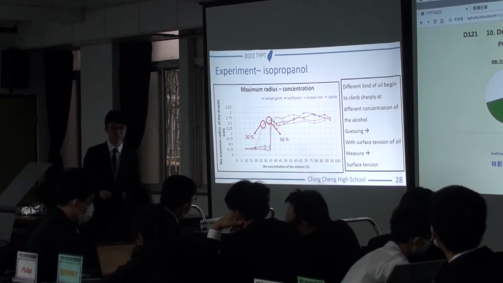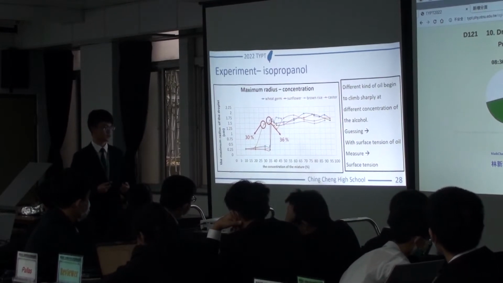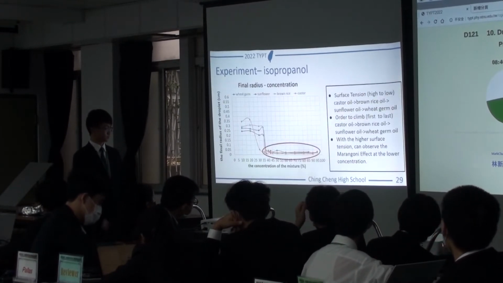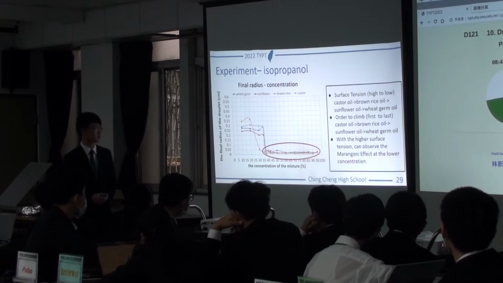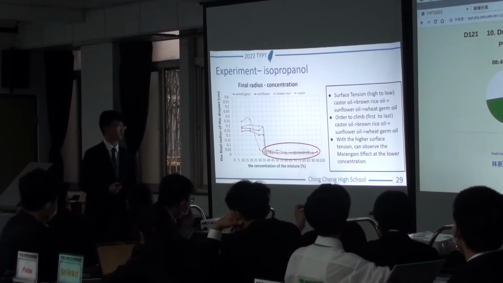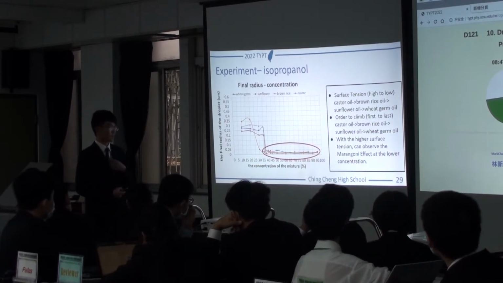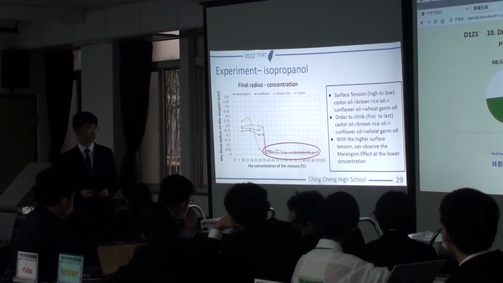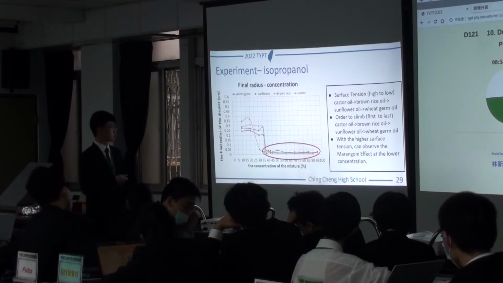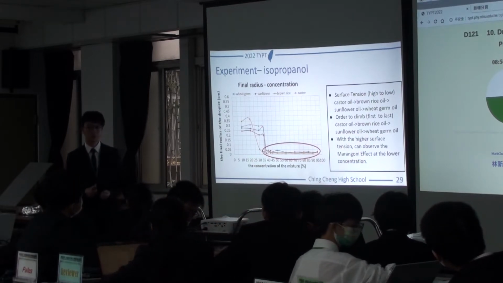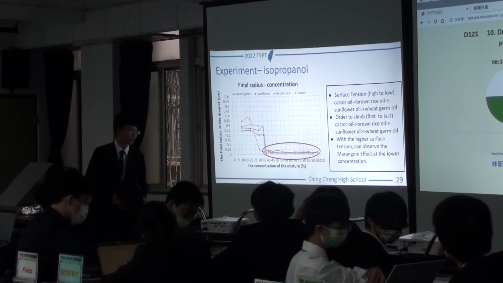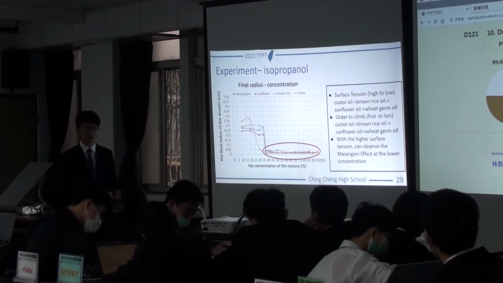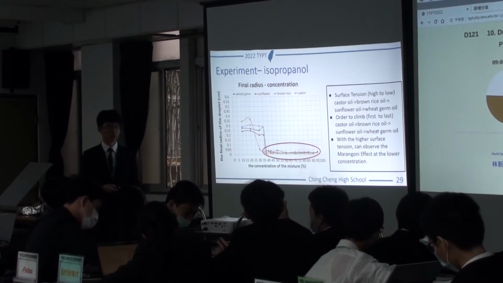We guess that's associated with the surface tension of oil, so we measure the surface tension. Because castor oil has the highest surface tension, we can find in this chart that castor oil falls sharply first, and brown rice oil falls sharply second. With higher surface tension, we can observe the Marangoni effect at a lower concentration.